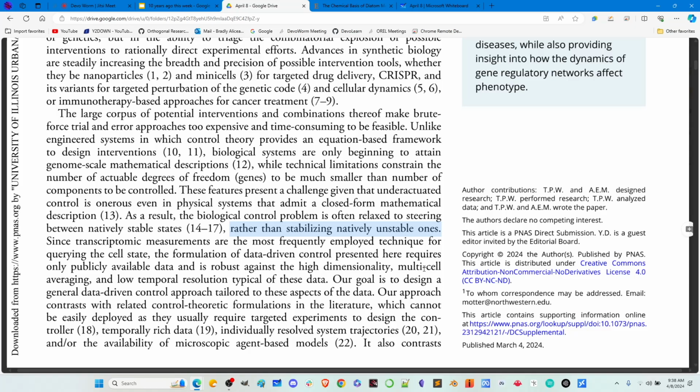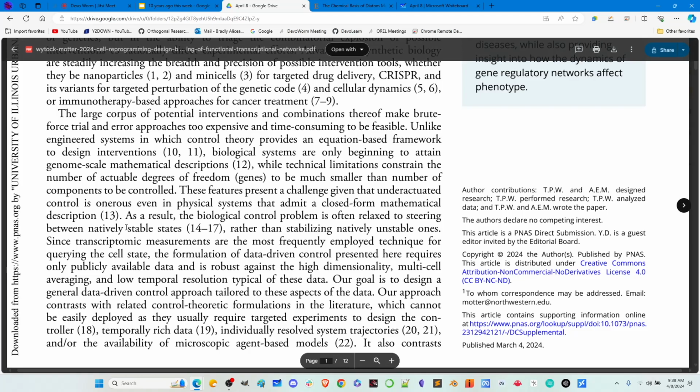You don't really want to be in there, or maybe you do. It depends on what your end goal is. The point is that we know how to go from the idealized stem cell to the idealized neuron, but we don't know a lot about how to control the system to move to maybe unusual states or unstable states.